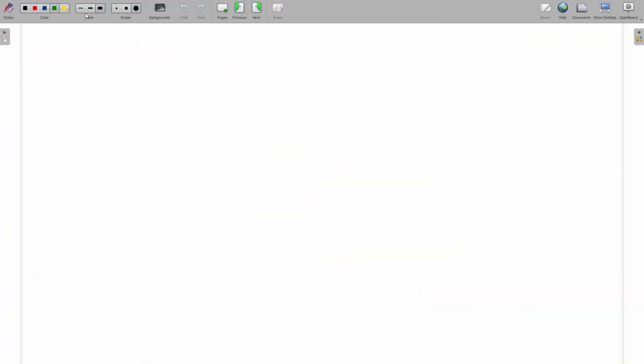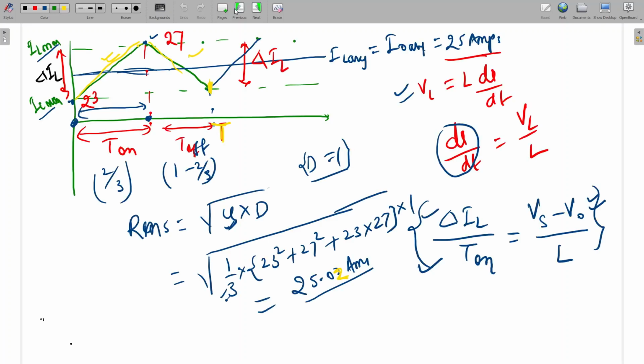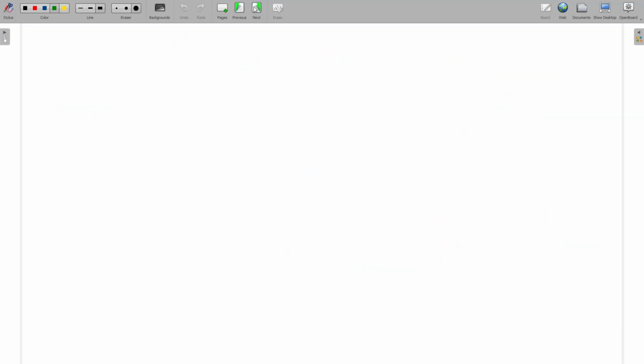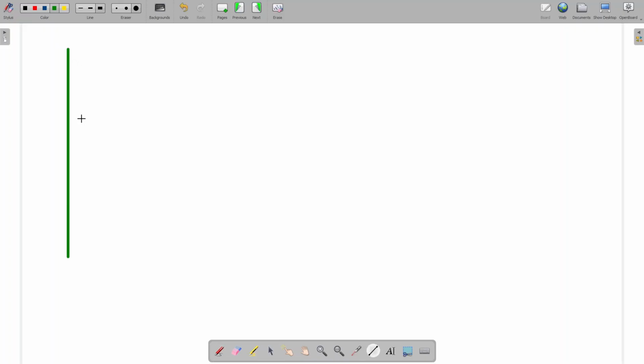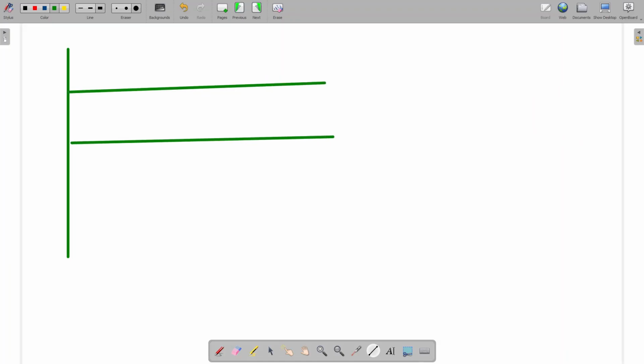Here I will write. So, on the second, I will write that. So this is the inductor current. This is T on and this is T off.